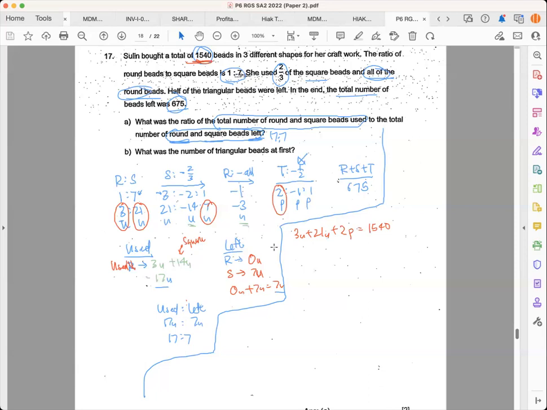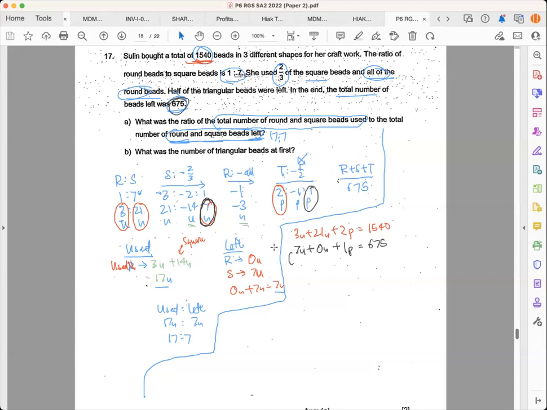Now, the bits in the end, which is left, you have 7 units of square. For round, you have nothing left, and the triangle has 1 part. And the total is 675.